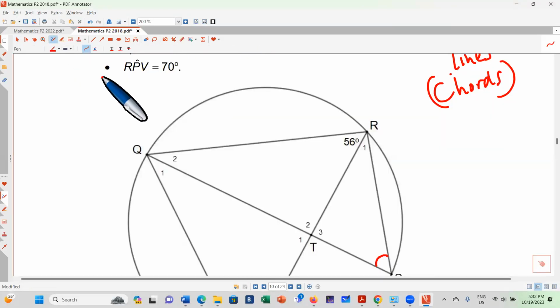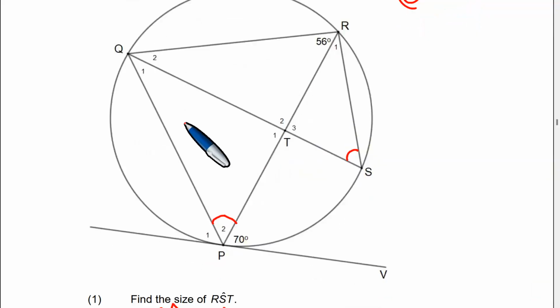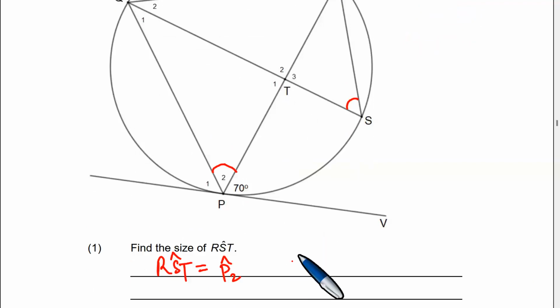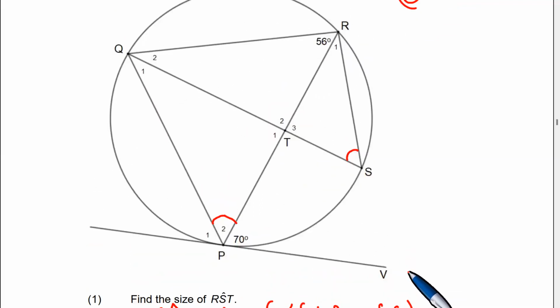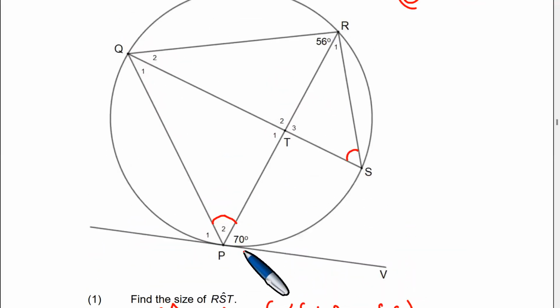Right, so that is enough to see quickly what to do here. RST is equal to P2. Why? Because angles in the same segment. If you have angles in the same segment, what else do we need? We need a couple of things.